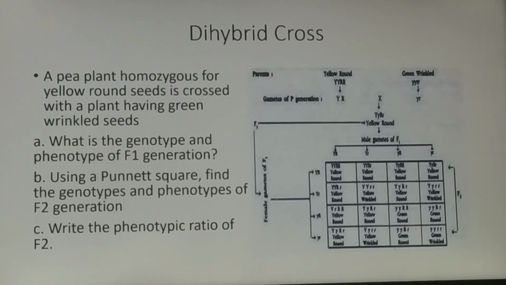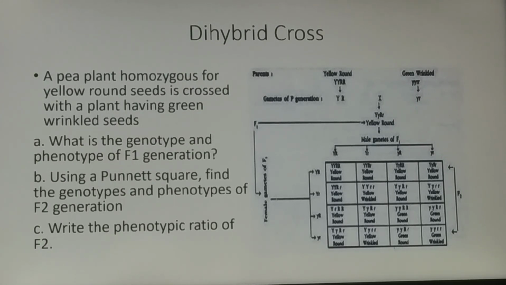You just have to know only the phenotypic ratio. So, count the number of yellow round seeds. How many yellow round seeds are produced? 9 yellow round will be produced. 3 yellow wrinkled will be produced. 3 green round will be produced, and 1 green wrinkled will be produced.